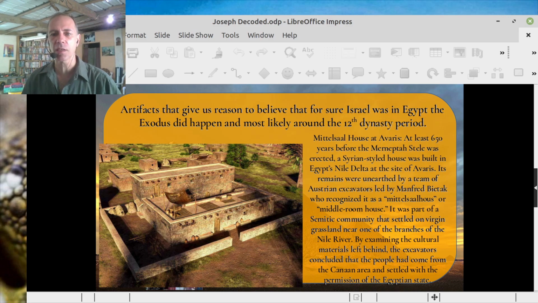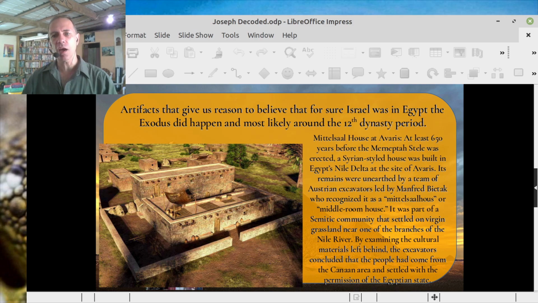It was part of a Semitic community that settled on virgin grassland near one of the branches of the Nile River. By examining the cultural materials left behind, the excavators concluded that the people had come from the Canaan area, and settled with the permission of the Egyptian state.